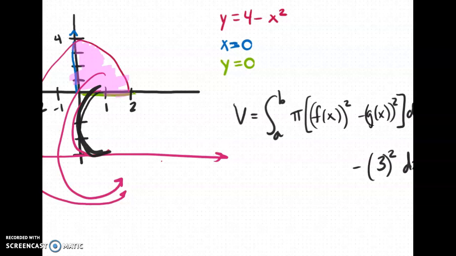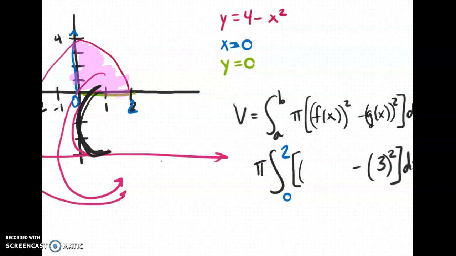And then we'll pull that pi out front. We're looking at from 0 to 2. So my a and b is 0 and 2. And then f of x squared, well, that is going to be the outside radius.